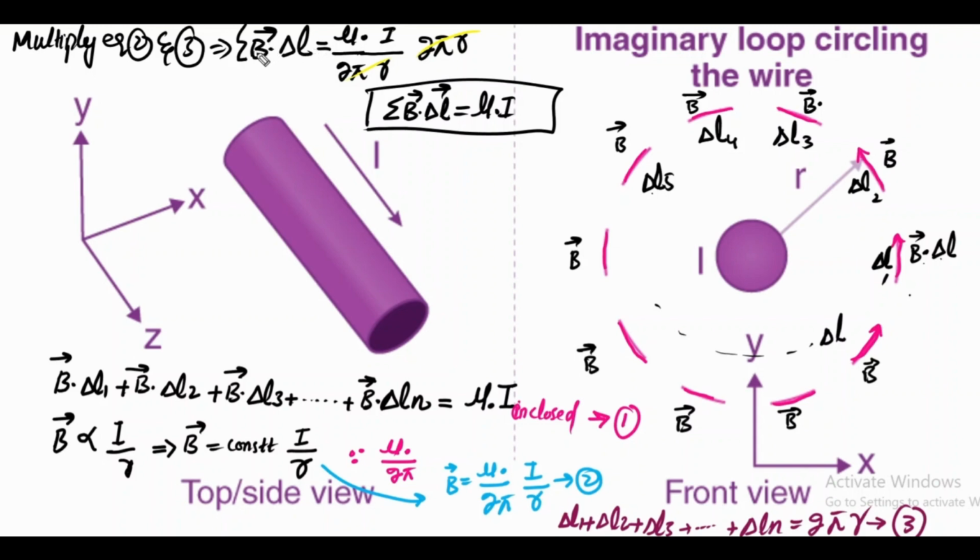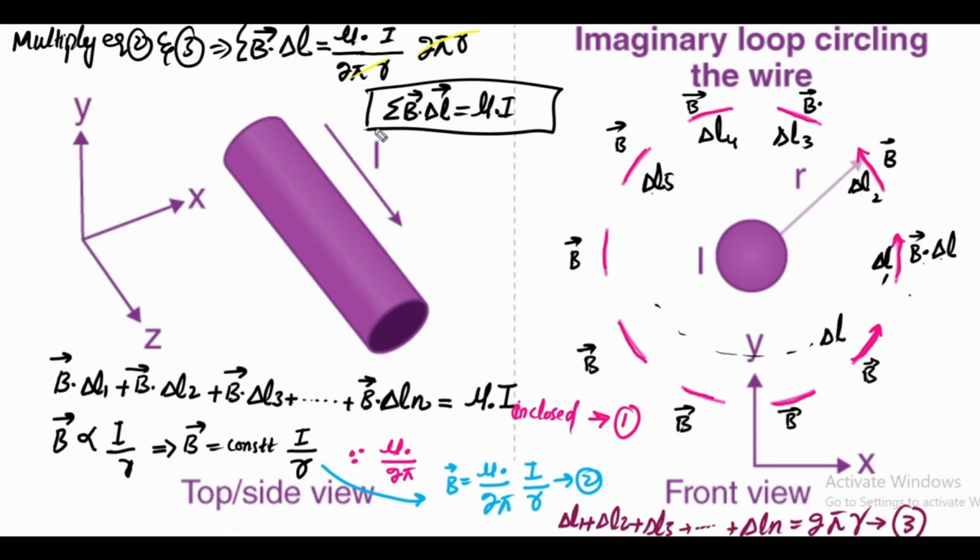So here B is equal to mu naught I by 2 pi r, and this del L is equal to 2 pi r. So this 2 pi r and this 2 pi r cancel. So here the summation of B dot del L is equal to mu naught I.